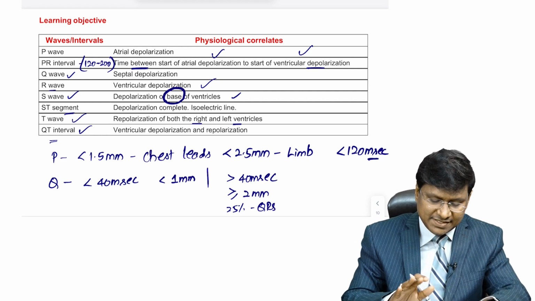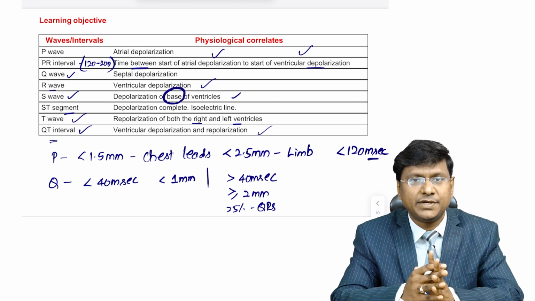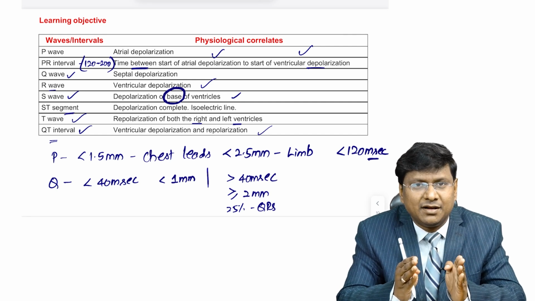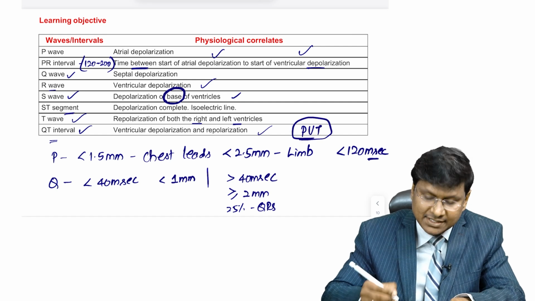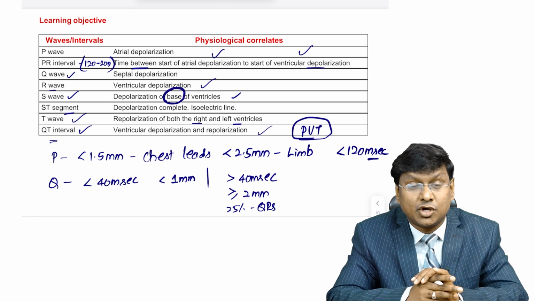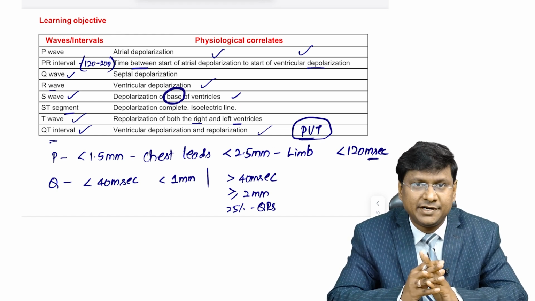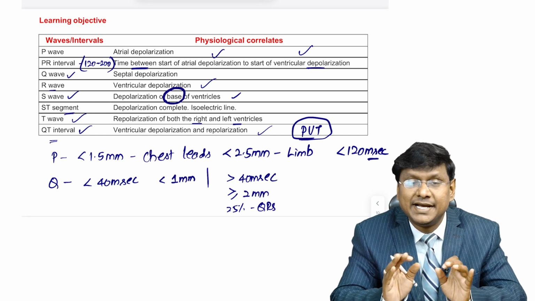You need to be very much aware of the significance of the QT interval. When there is QT prolongation, it can result in polymorphic ventricular tachycardia, which is nothing but Torsades de Pointes, a very important arrhythmia that can cause sudden cardiac death.